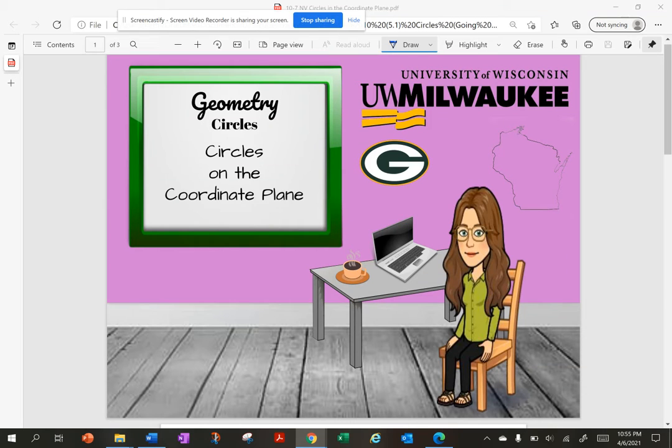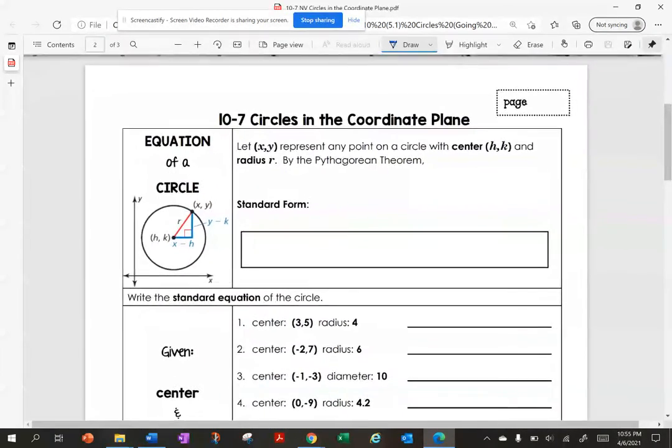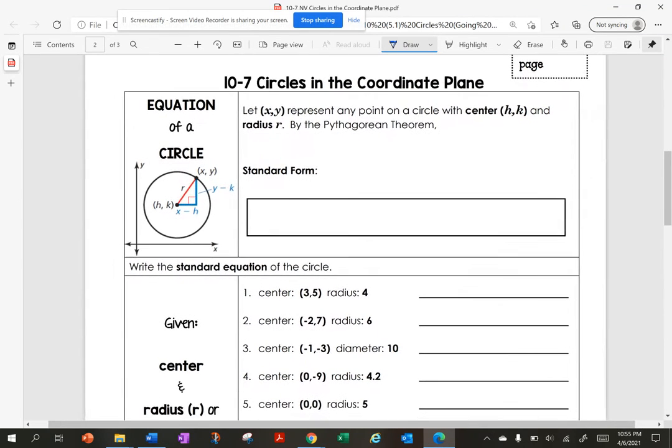Today's lesson is circles on the coordinate plane. Okay, so the equation of a circle in standard form is x minus h quantity squared plus y minus k quantity squared equals the radius squared.